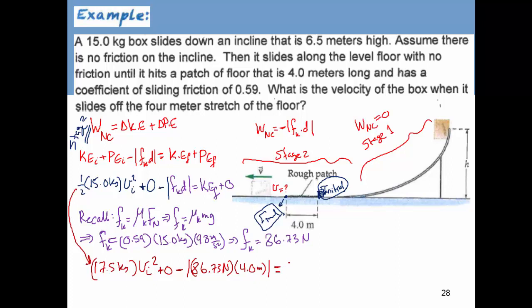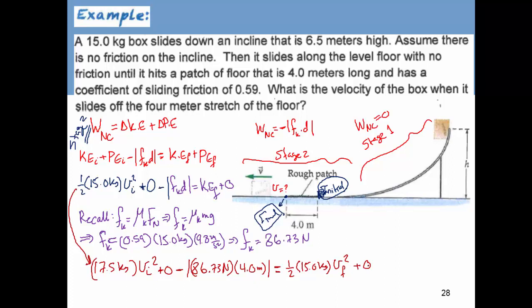This is equal to the right hand side, which is 1/2 the mass times the final velocity squared, and this is the unknown, plus the final potential energy, which is 0. So if you look at this equation, we have two unknowns. We have the initial velocity of the box when it enters the rough patch, and the final velocity, which is the unknown we are asked to solve for.